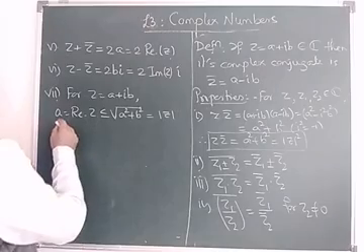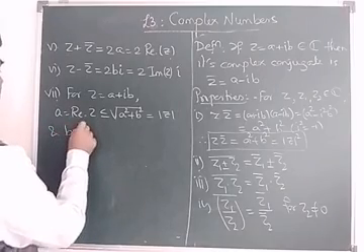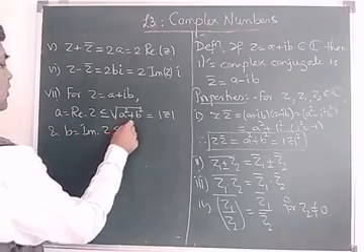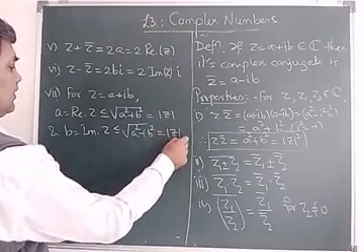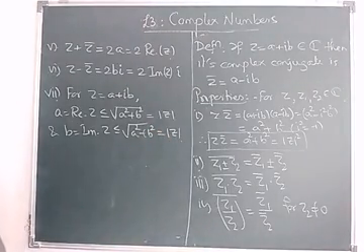And b, the imaginary part of z, is also less than or equal to under root of a square plus b square, which is nothing but mod z.